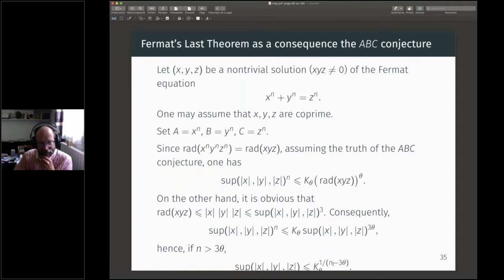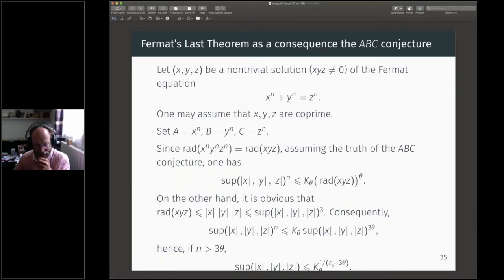So if you take theta very close to 1, and you use it for n somewhere between 1 and 4/3, then this at least gives you a finite number of solutions for each Fermat equation, and only non-trivial solutions for n large enough.